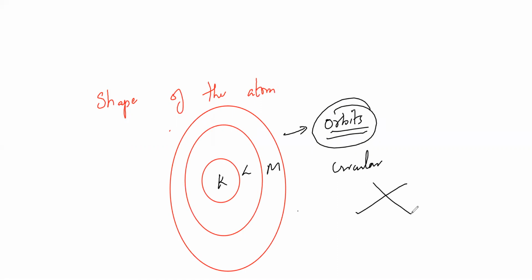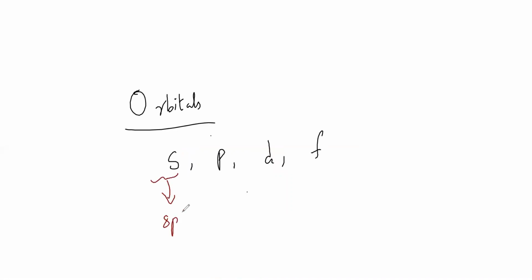But it's not like that. Once you come to class 11 or class 12, we learn about orbitals. So instead of K, L, M, N, we learn about something called s, p, d, f. s means spherically symmetrical; the shape is not circular at all. p is dumbbell shaped.